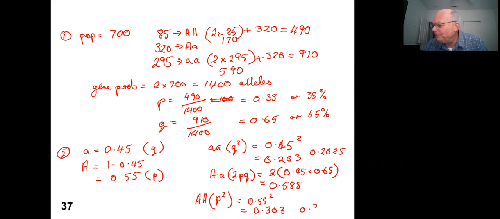This was 0.3025. So if we do that one, I actually get 1.09. I wonder where we went wrong here somewhere. Somewhere in the math, I've made a mistake, but you get the idea of the process.